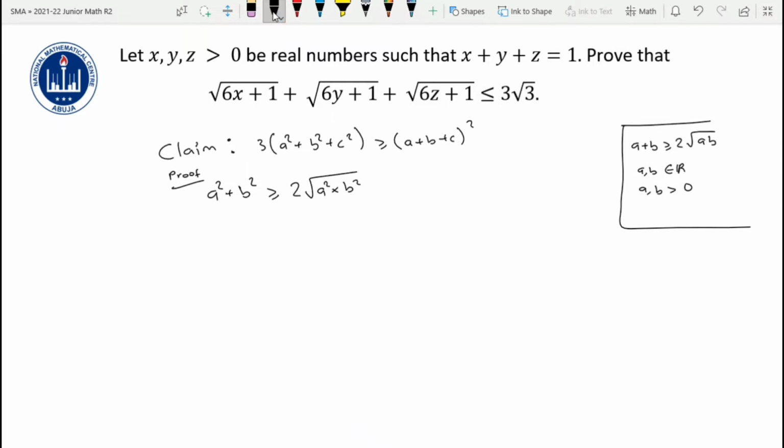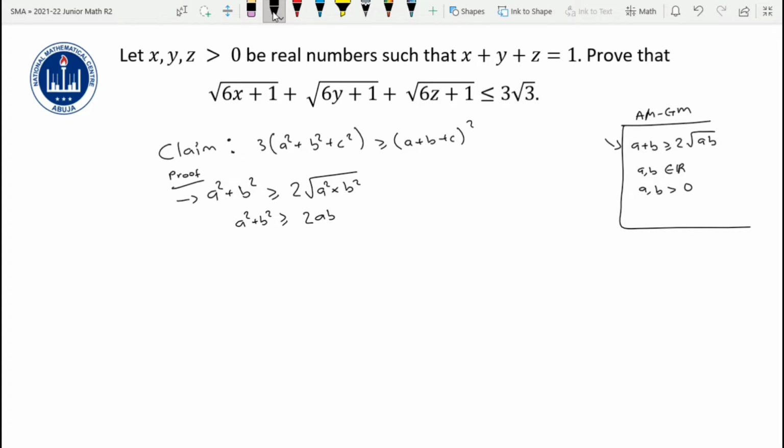In this line we're just substituting a squared in place of a in the AM-GM inequality, and b squared in place of b. When we simplify this, we get that a squared plus b squared is greater than or equal to 2 root a squared b squared, which is 2ab. So this is the first thing we get.